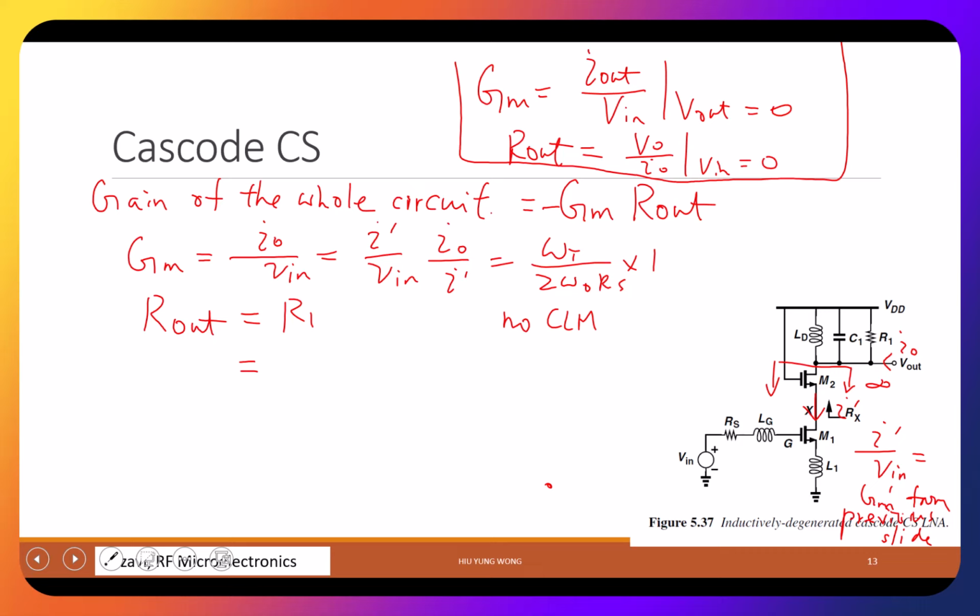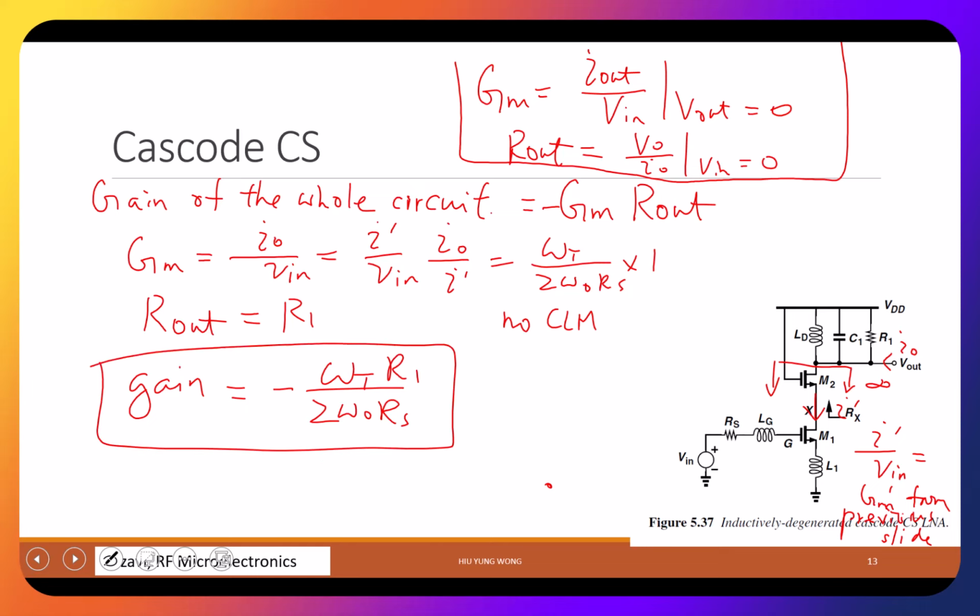So with this, the total gain is equal to negative omega t divided by 2 omega naught Rs times R1. This is the total voltage gain of this circuit.